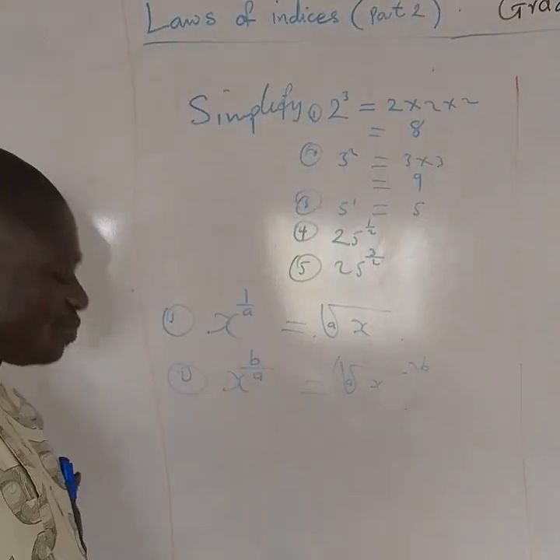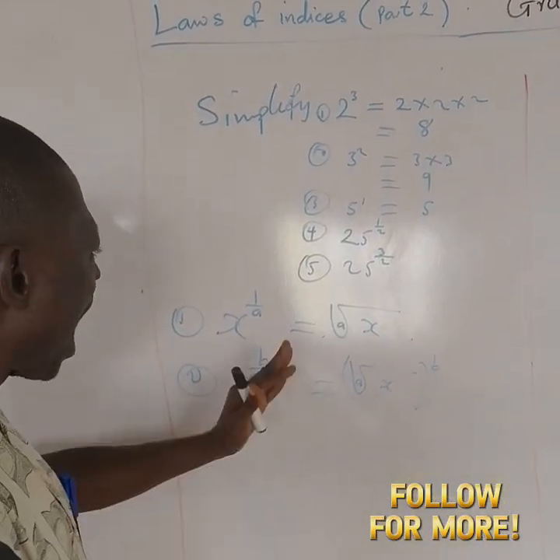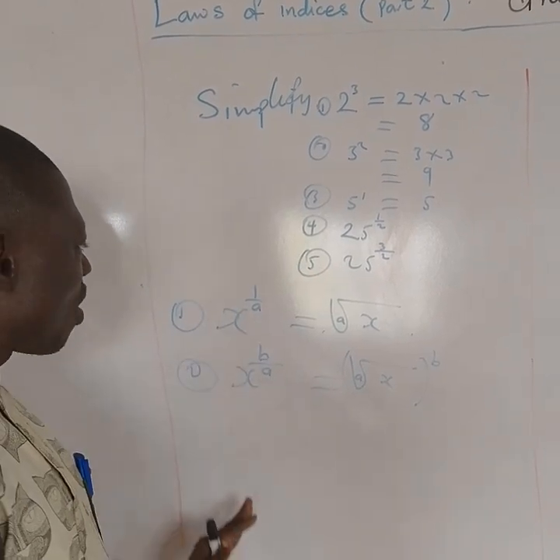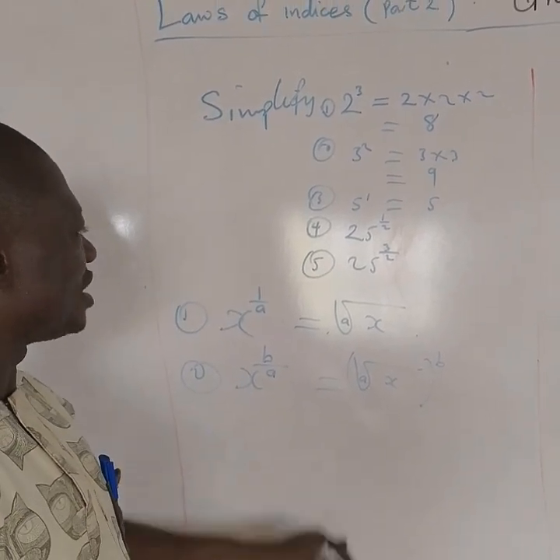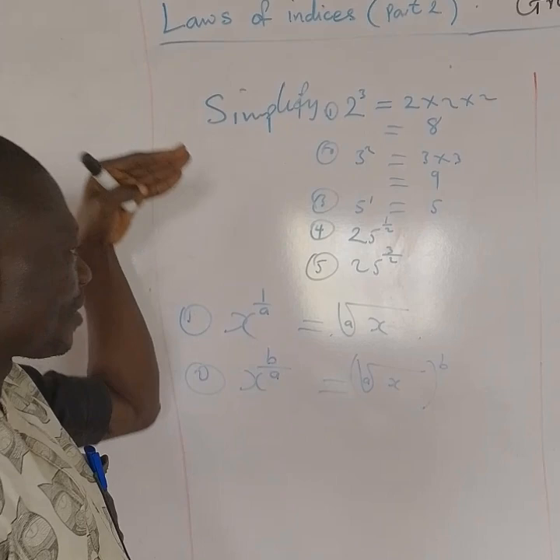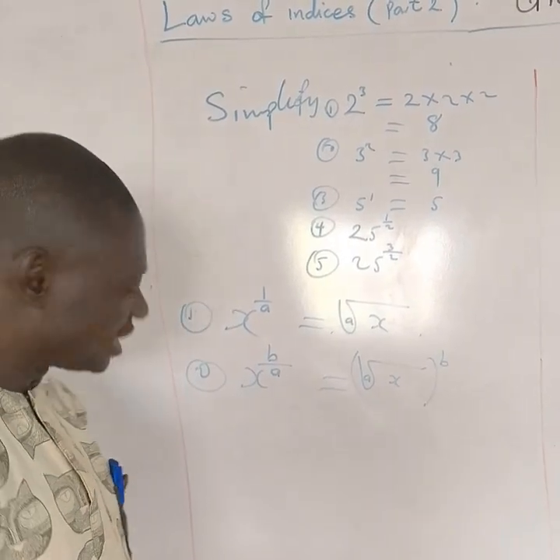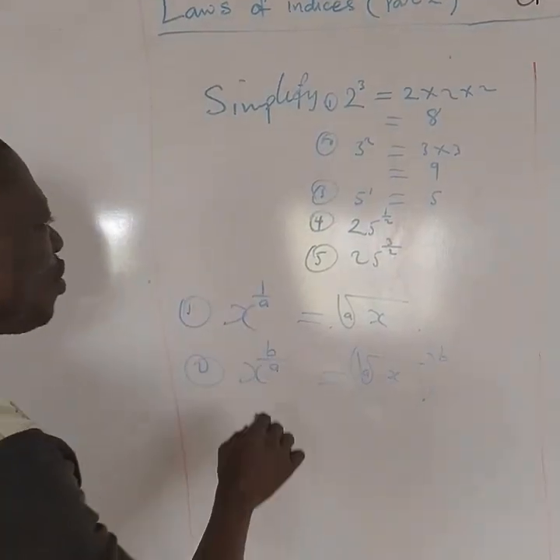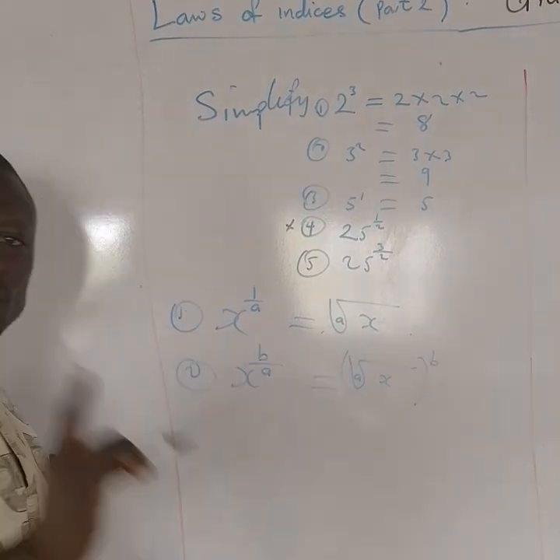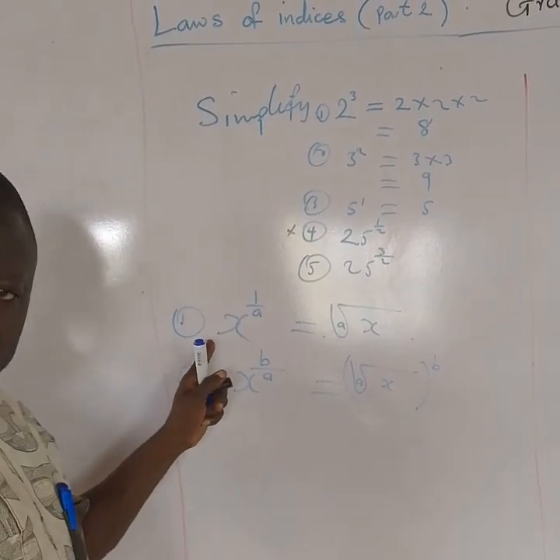Alright, if that is true, let us see how we can use these 2 laws to solve questions like number 4 and number 5. Question number 4 looks like law number 1 here.